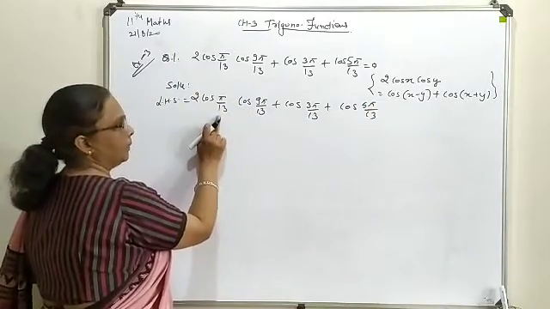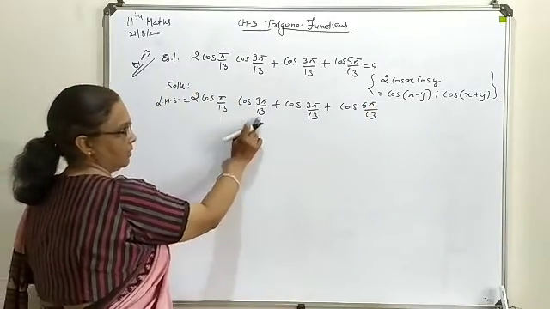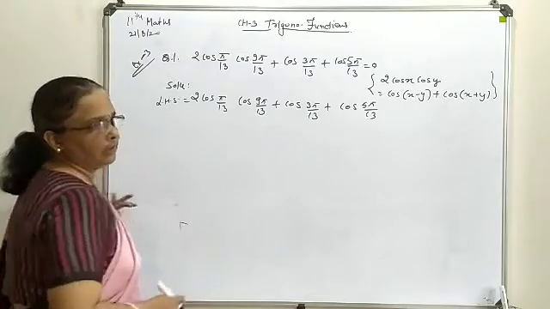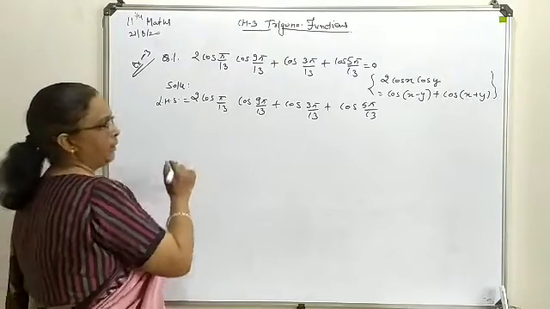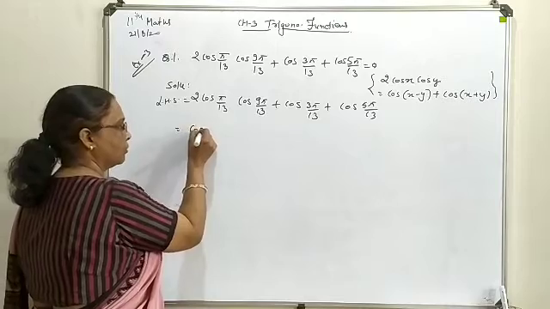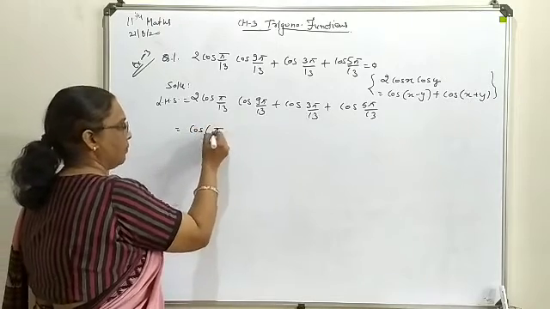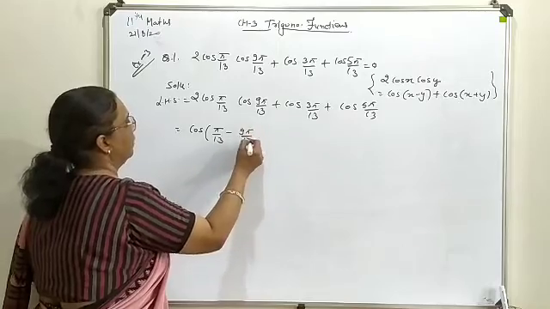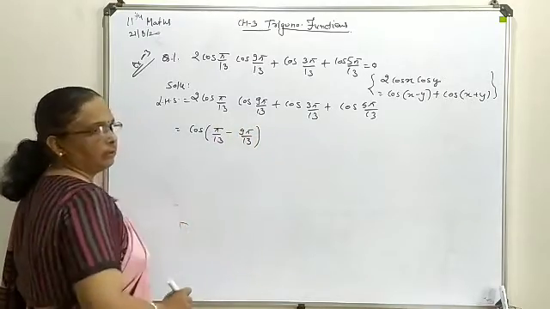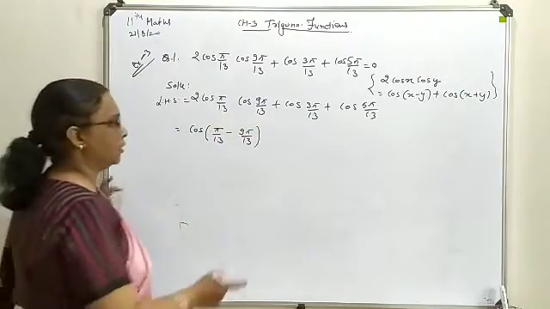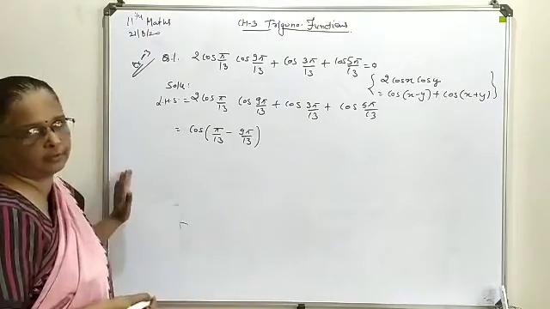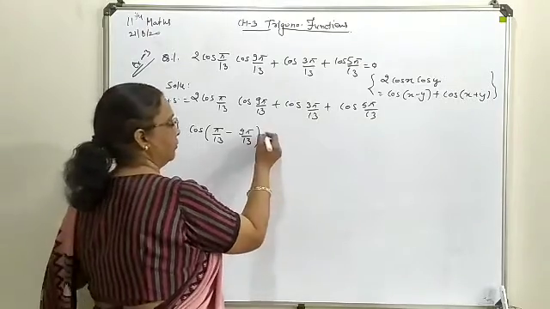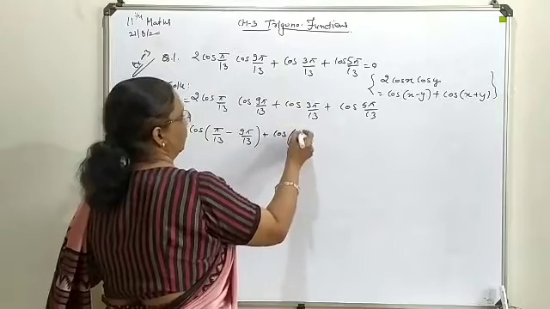Now here this pi by 13 you will treat as x, and this 9 pi by 13 you will treat as y. Implementing in the formula, this will give you cos of pi by 13 minus 9 pi by 13. You can take any of the angles at the first position, and for cos there is no interference of the negative sign, so it doesn't matter if you have not written it in a proper way.